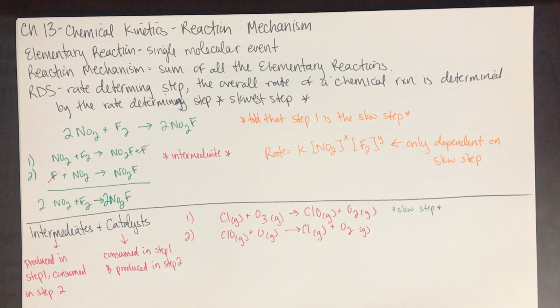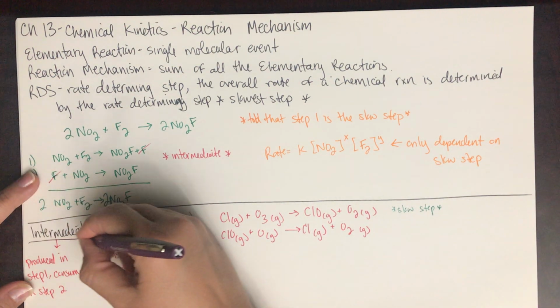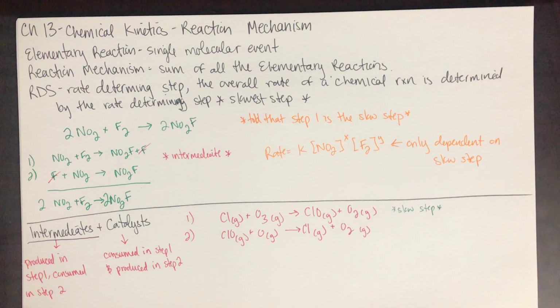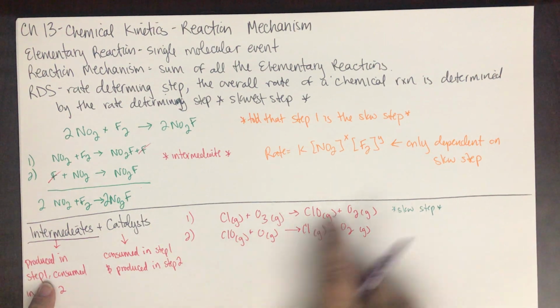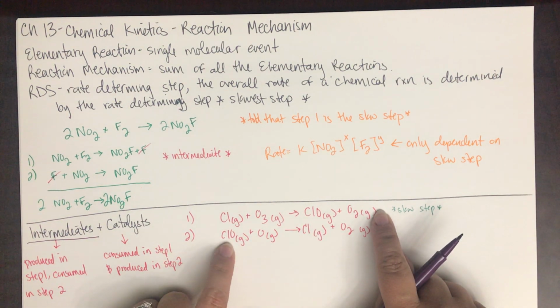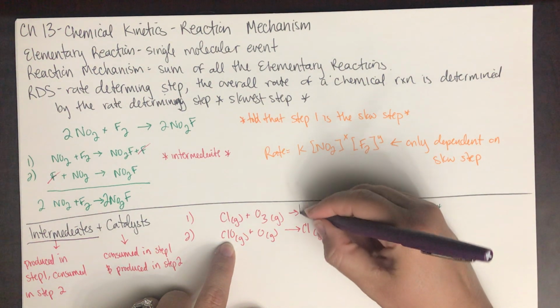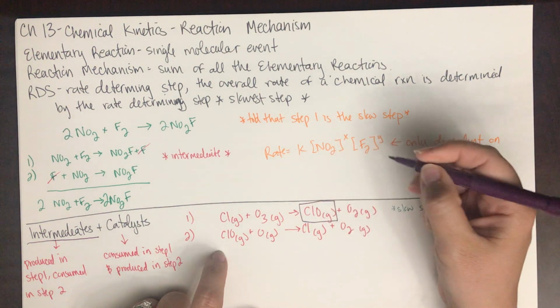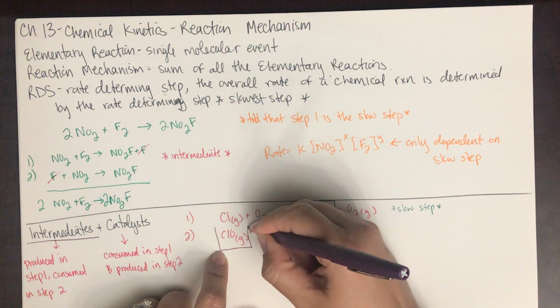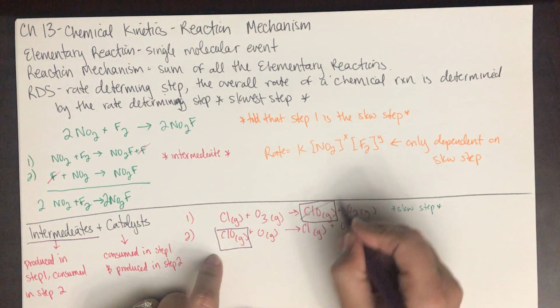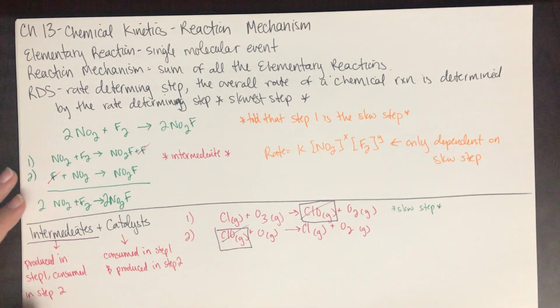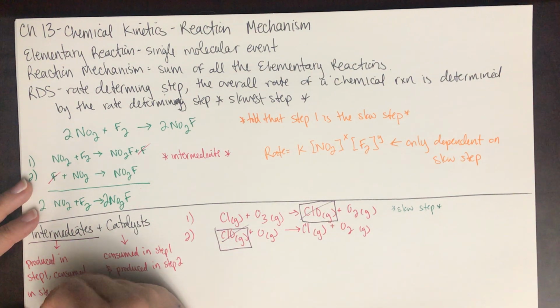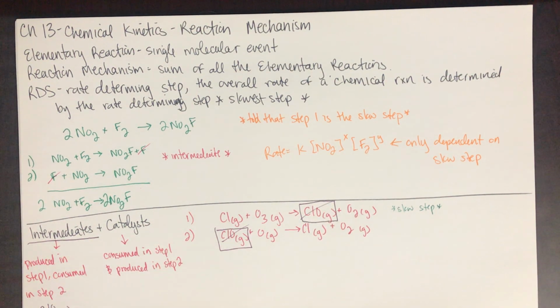So let's see what the overall chemical reaction is, what the rate law is, and if there are any intermediates or catalysts. I'm going to do intermediates in this purple color. Is there something that is produced in step 1 that is then consumed in step 2? This ClO is produced in step 1 and consumed in step 2, and it also doesn't show up in the overall equation. So the intermediate here is this ClO gas.